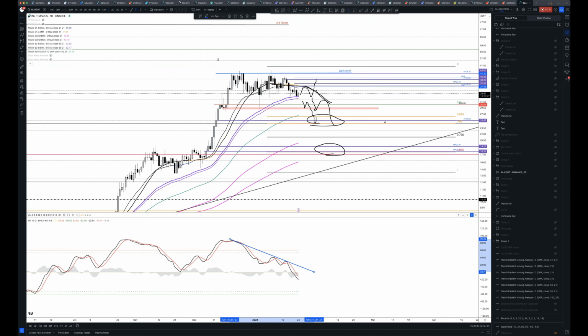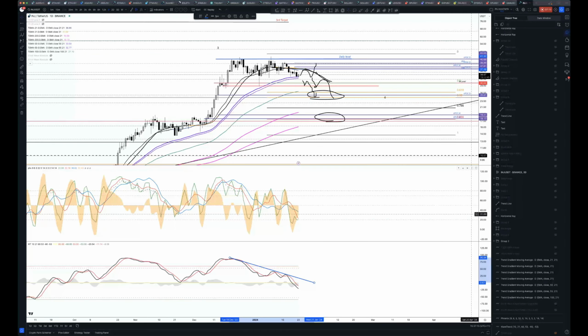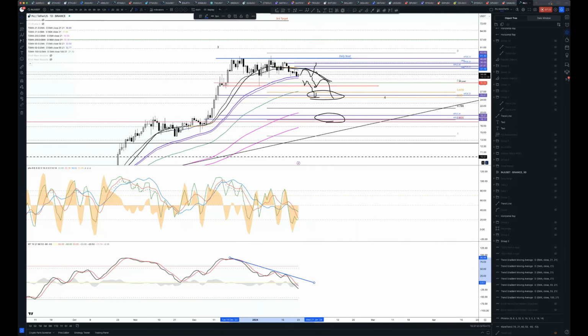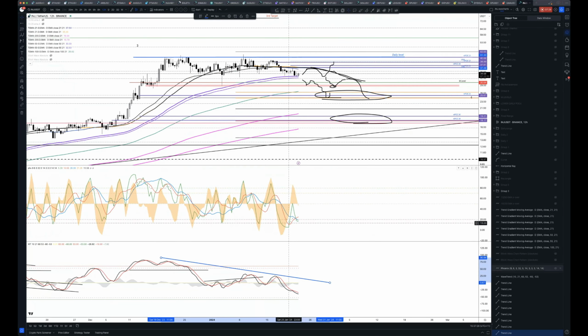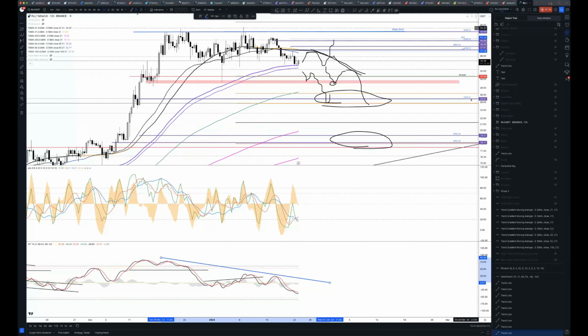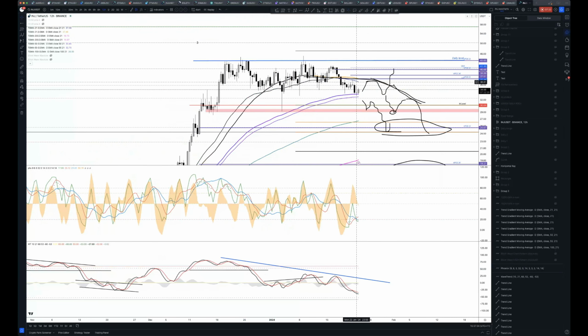If we look at this Phoenix indicator, everything is below the 50% on the daily, so we want to see this start to turn upwards before we start being bullish. On the 12-hour, it's still downward pressure, so we might just get a bit of support here.